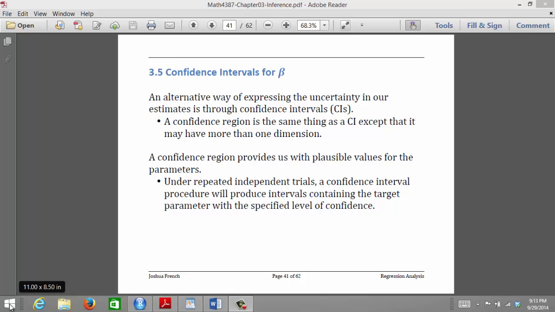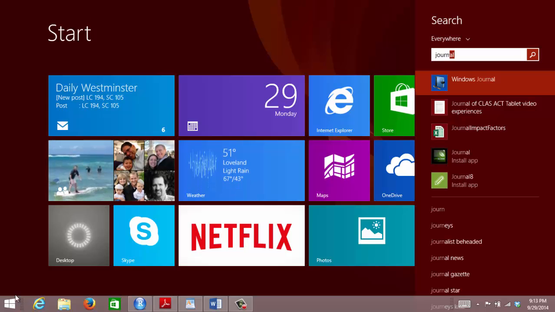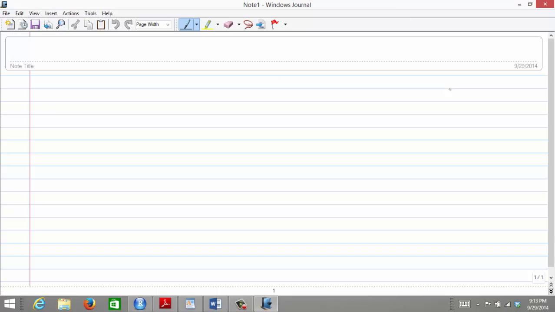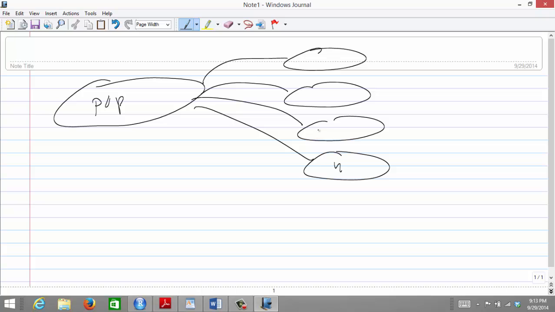So just to give you a visual description of what I'm talking about, let me draw a quick picture here. So we have a population, and we're going to take sample after sample after sample of some certain size. Each of these samples is a different sample from our population, and so because of that, we're going to have sampling variability.